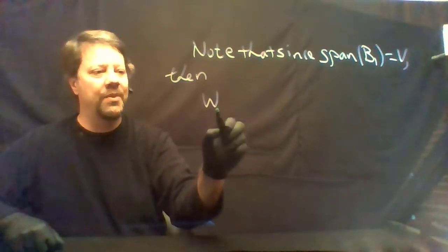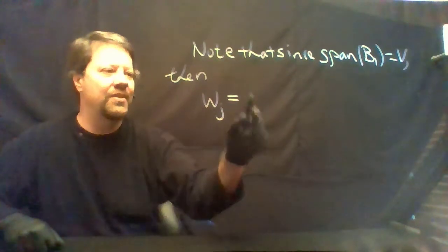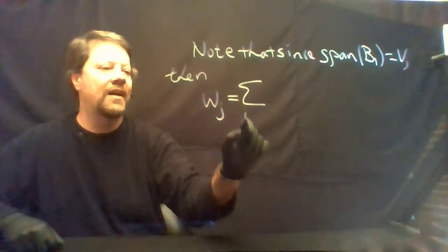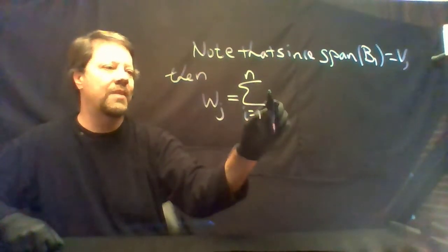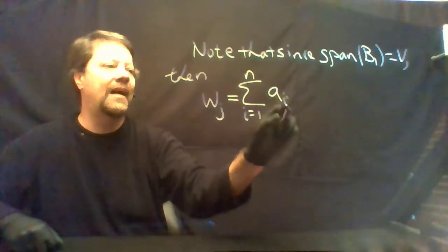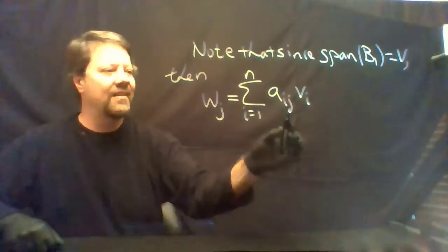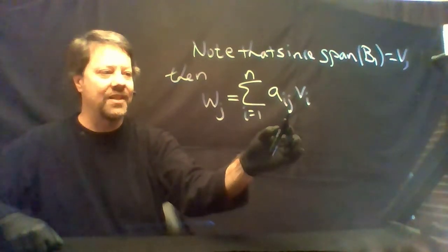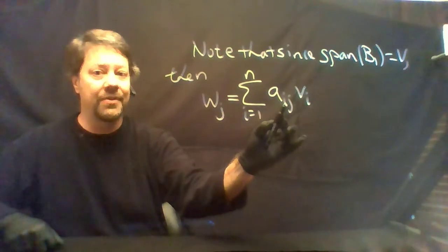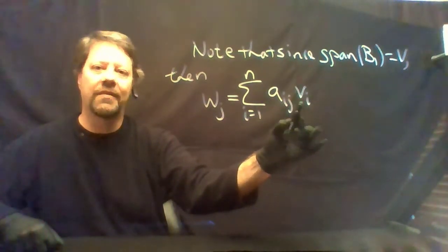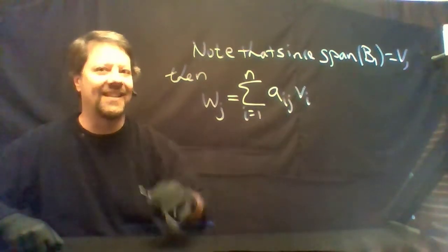We can write wj, the jth element in basis B2, as a sum, as i goes from 1 to n of some constant, which I'll call Aij, times vi. Well, these are the coefficients for wj, and there are going to be n of those coefficients covering all of the vectors v1 through vn. Aha.